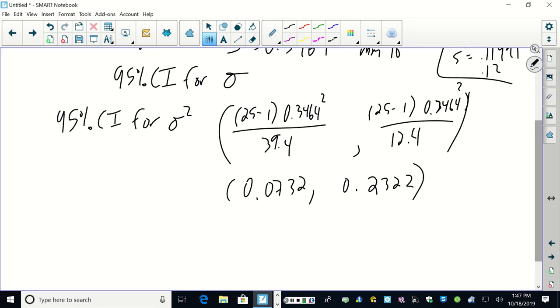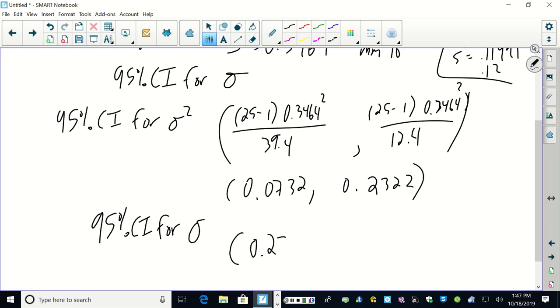So to then do a 95% confidence interval for sigma, you can just take the square root of both of these two sides. Those are all positive values, so if it's in that probability on the square scale, and then taking the square root scale, it actually expands back up because we're less than 1. So you take the square root of both those values, you get 0.270 up to 0.482.